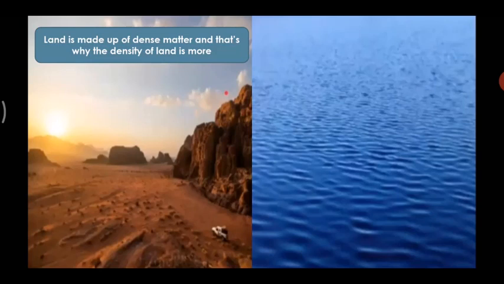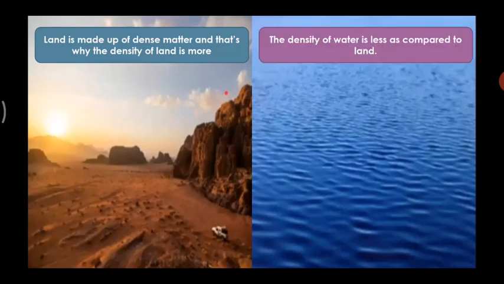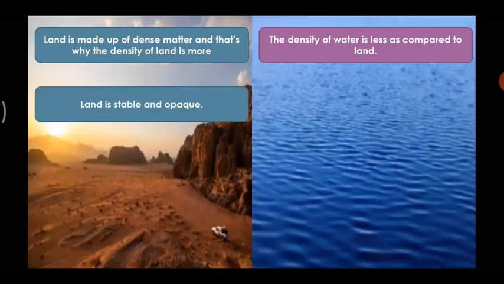Now what will happen to the water? The density of water is less as compared to land. The second point is that land is stable and opaque. Land is not moving. It is stable at one place.